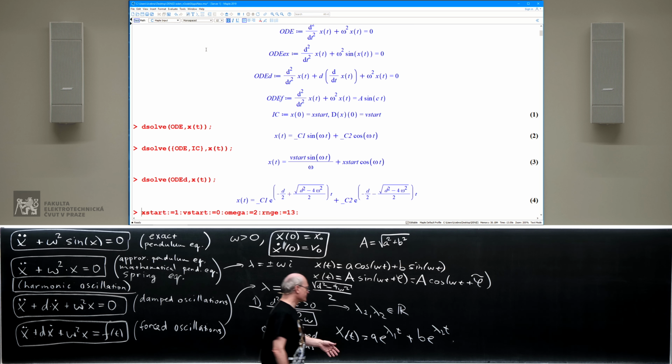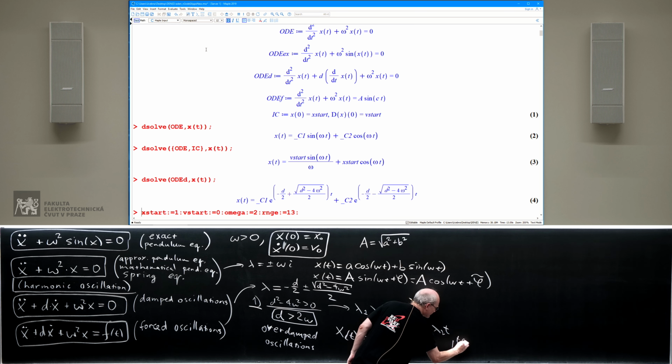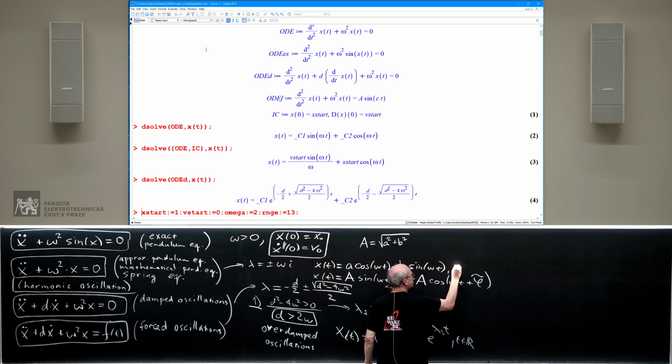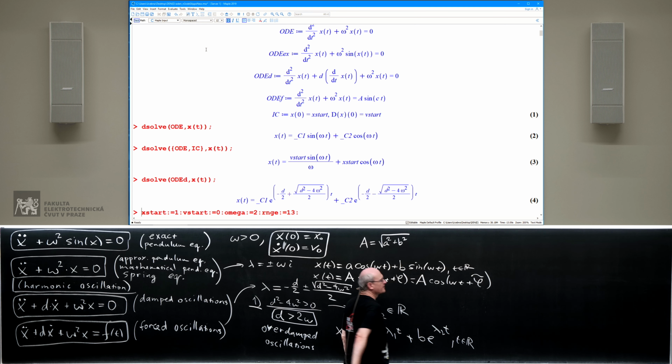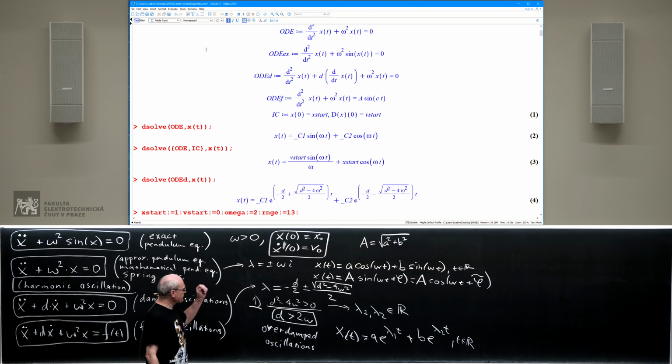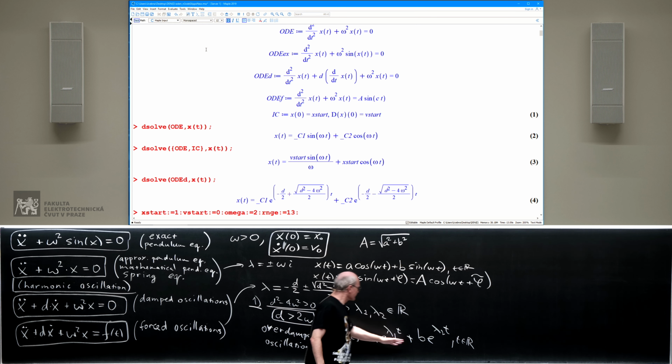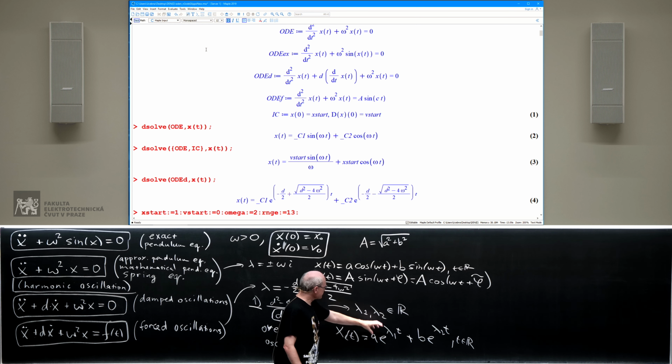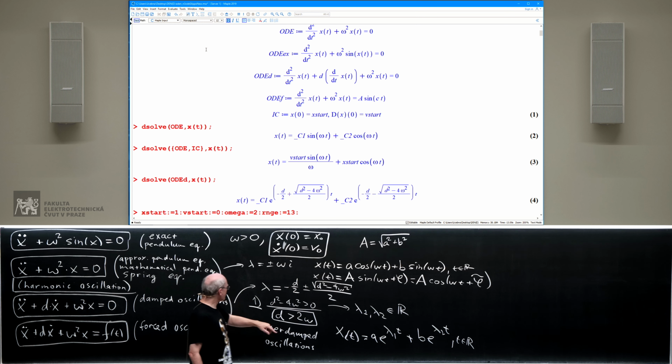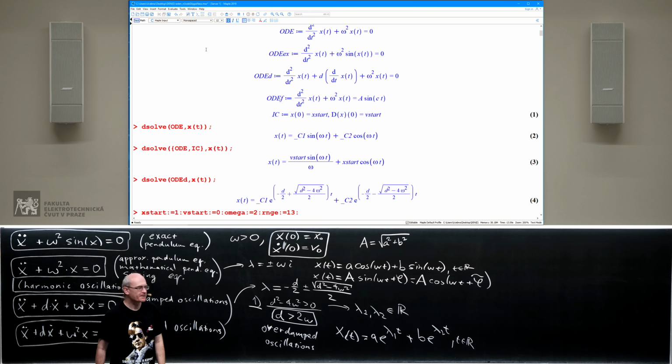I should be writing, okay, let me be proper, and also over here. We should see a region of validity, of course. So, we've got a beautiful, real-valued solution based on exponentials. So that's the overdamped oscillations.